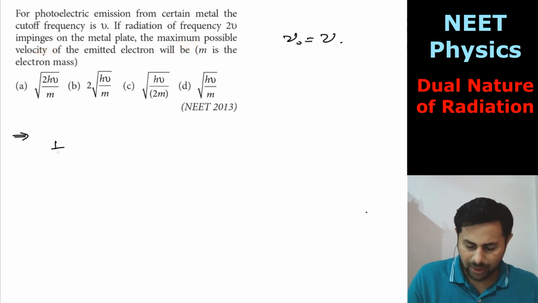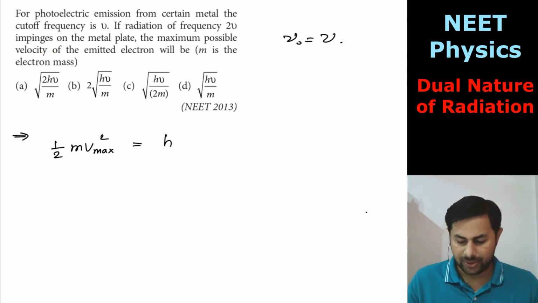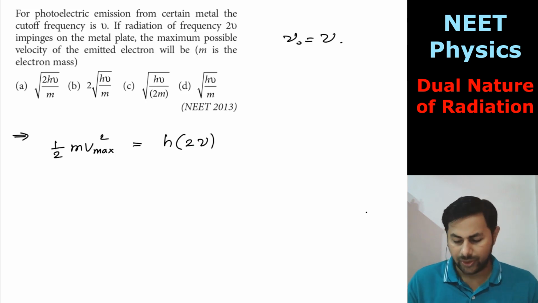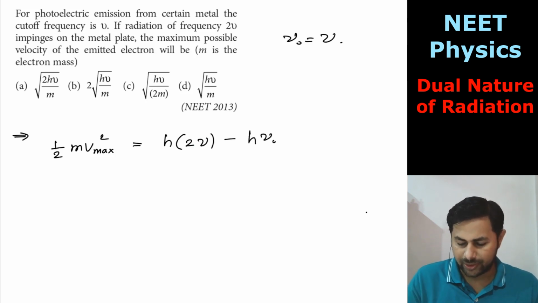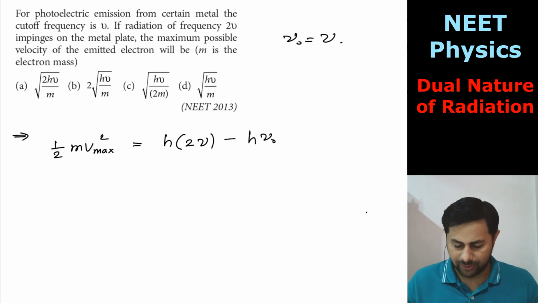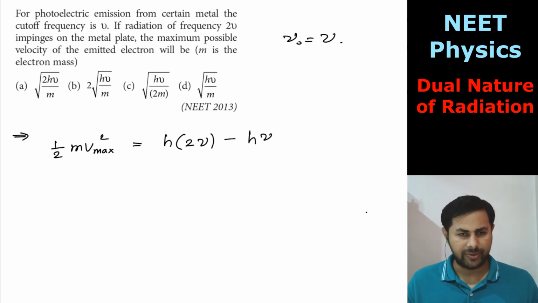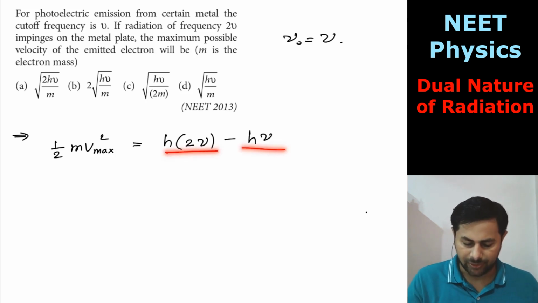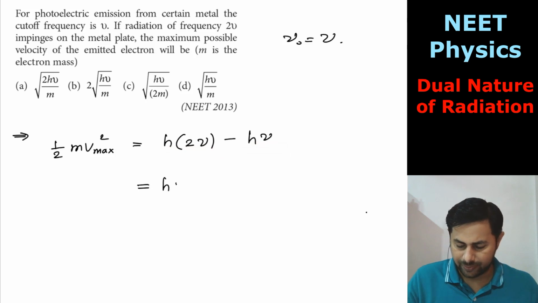So you have half m V max square equal to h times whatever the frequency is, here it's 2 nu, minus h nu naught. But what is nu naught? Nu naught is equal to nu. This is given, right? Cutoff frequency itself is nu. So 2 h nu minus h nu is just h nu, and that is half m V max square.